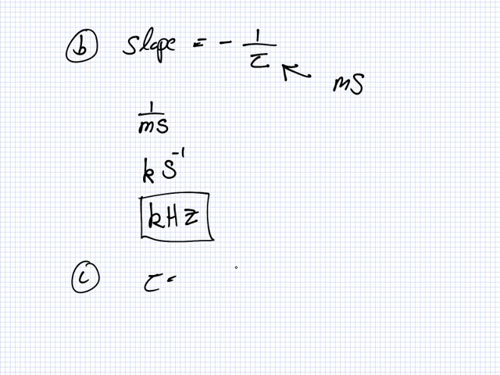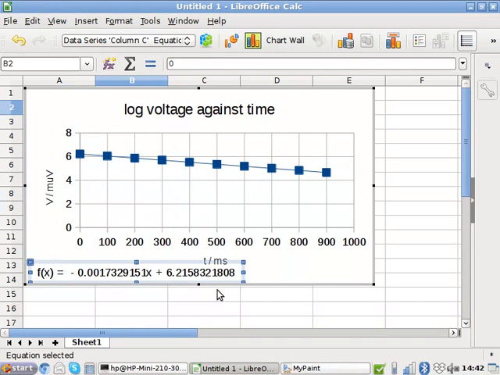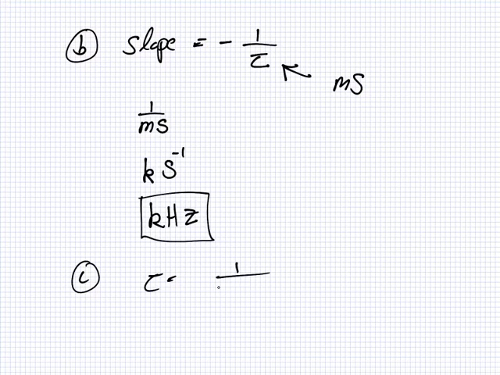So the time constant will be 1 over 0.0017, which is about 577 milliseconds. In the exam, they will allow for some error for reading the graph.